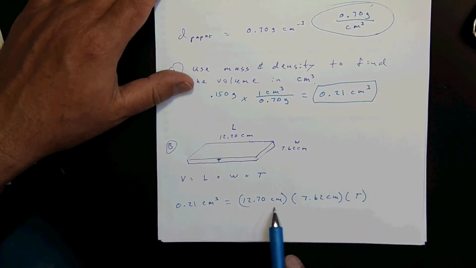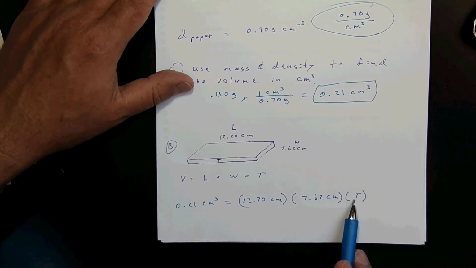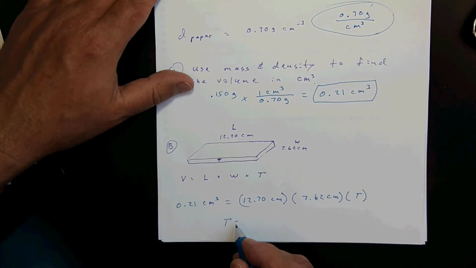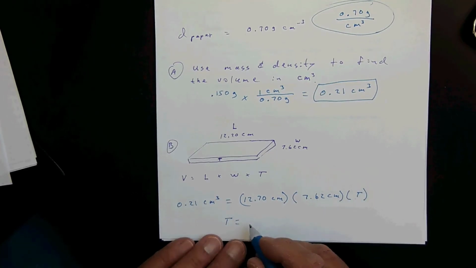I've got an algebraic expression here for the volume. I know this number, this number, this number. All I have to do is solve it for the thickness. So if you solved that for the thickness, 0.21 divided by 12.7 divided by 7.62, you would find it's 0.0022.